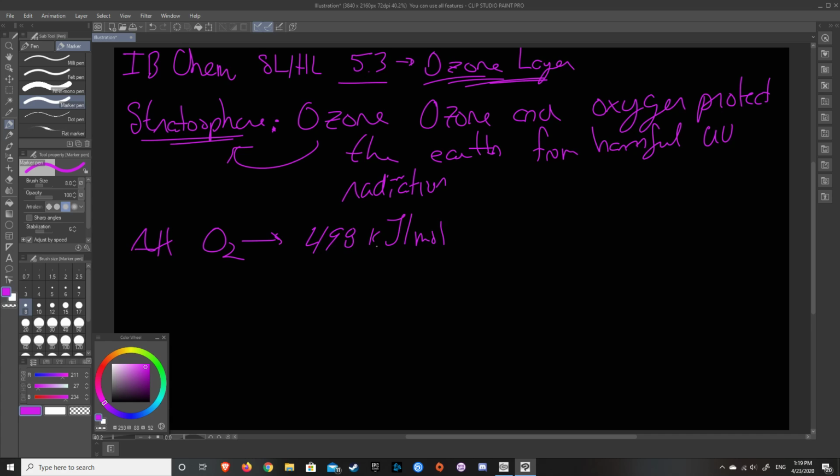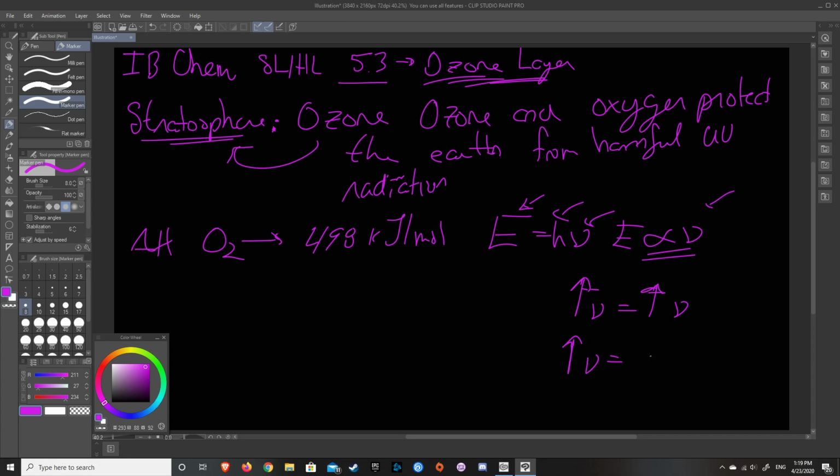But we can also look at the formula for light, E equals hv, where we've got Planck's constant, the frequency of light, and the energy of light. So the energy of light is proportional to the frequency of light. High frequency means high energy, and high frequency equals a smaller wavelength.